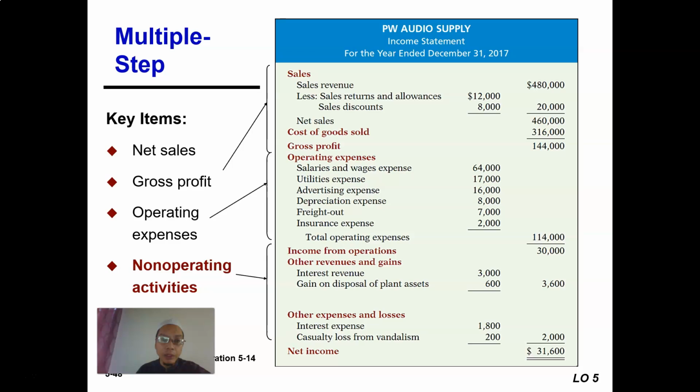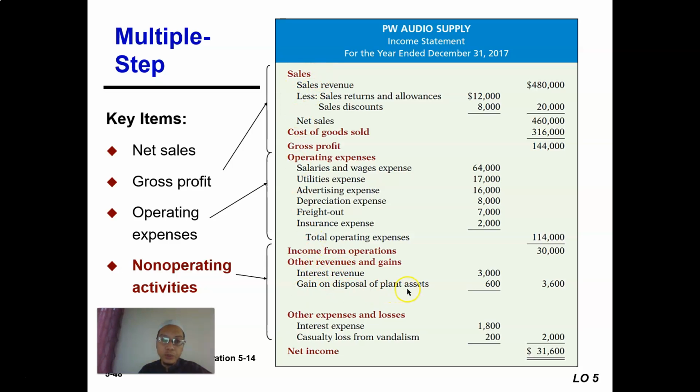That is not their core business. The core business of this particular company is to sell items. So interest revenue is not part of their core business, therefore it is put under other revenues. It's not part of the sale, but it's part of other revenues.